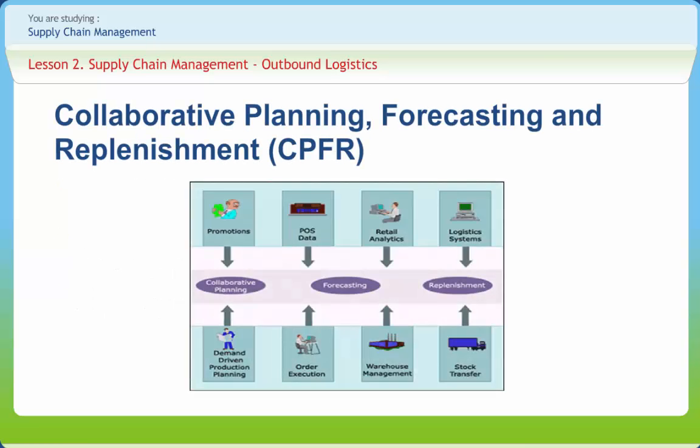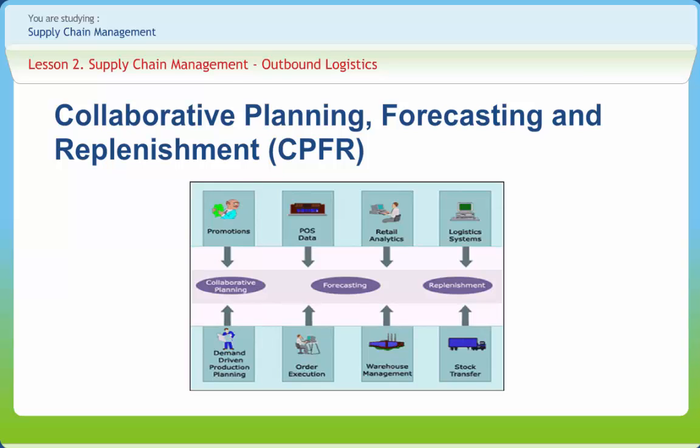The importance of communication and collaboration can never be stressed enough in a supply chain. Collaborative planning, forecasting, and replenishment, or CPFR, is a concept that aims to enhance supply chain integration by supporting and assisting joint practices.